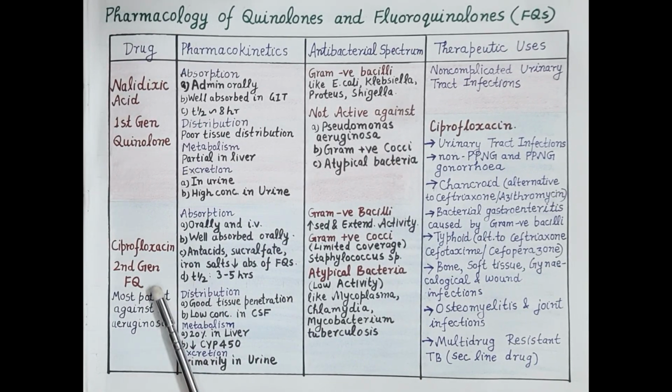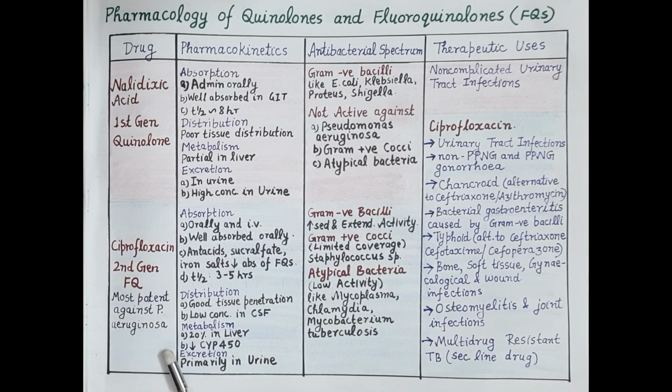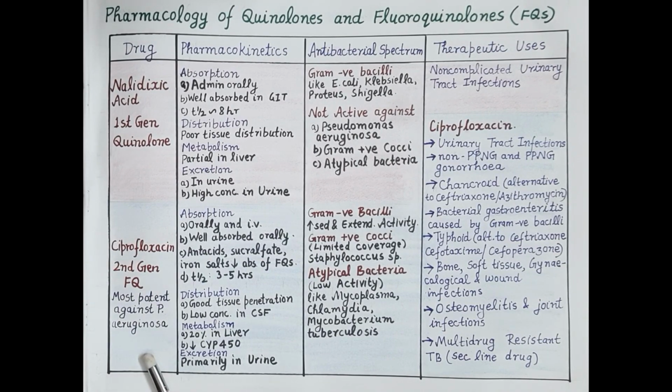Now, next antibiotic is ciprofloxacin. Ciprofloxacin is a second generation fluoroquinolone and it is the most potent fluoroquinolone against Pseudomonas aeruginosa. Pseudomonas aeruginosa is a gram-negative bacilli.